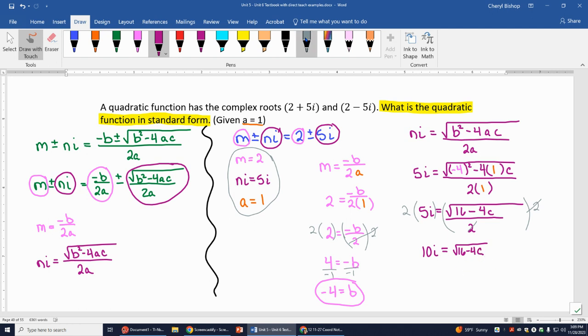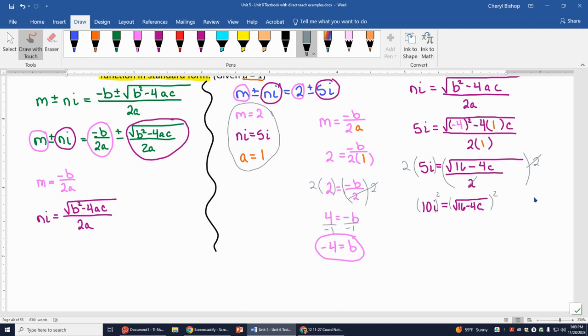How do I unsquare root? I square. So I'm going to square both sides. When I square both sides, that's going to become 100 i squared equals, the square and the square root here are going to cancel. This side's just going to be 16 minus 4c.